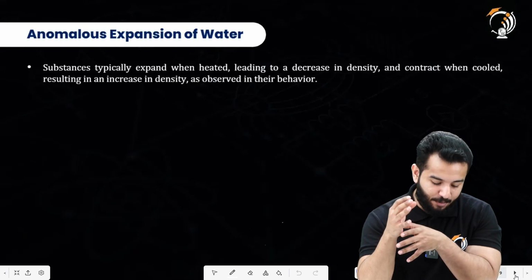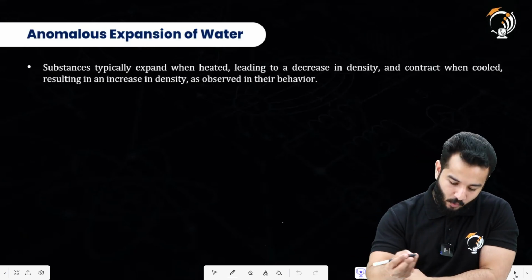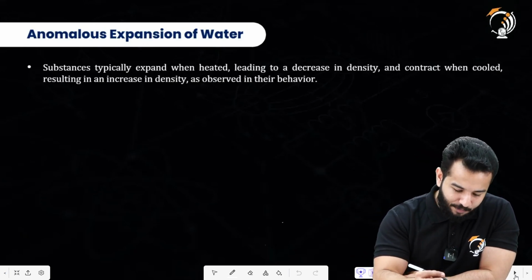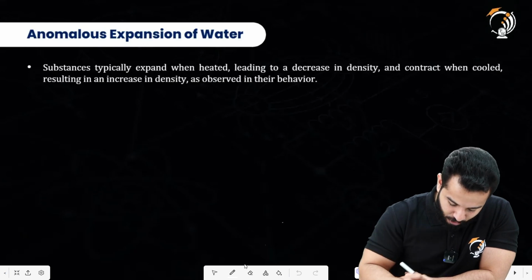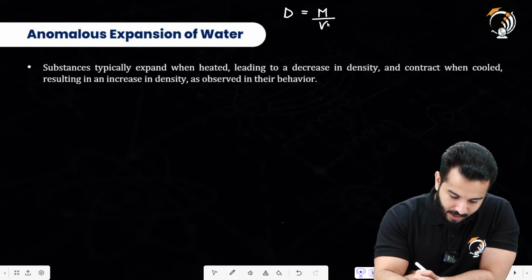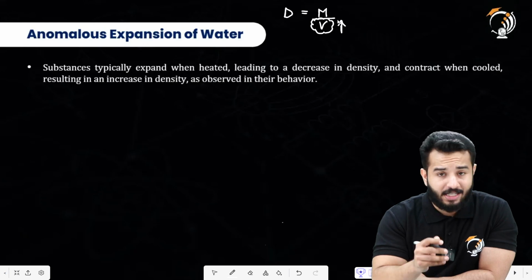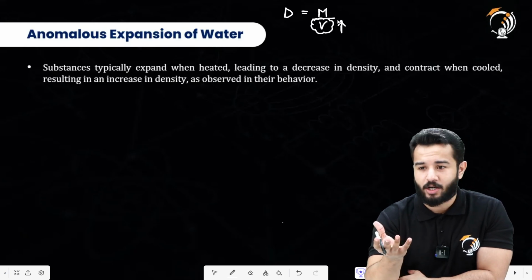Substances typically expand when heated, leading to a decrease in density. Why are we talking about that? For a very simple reason: we know density is written as mass by volume, and if you heat them, their volume is going to increase, while the mass will not change, right?